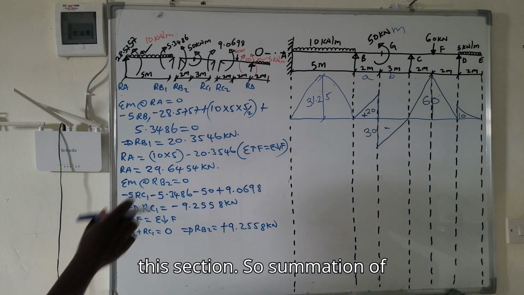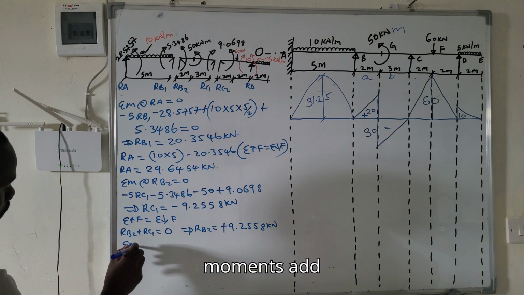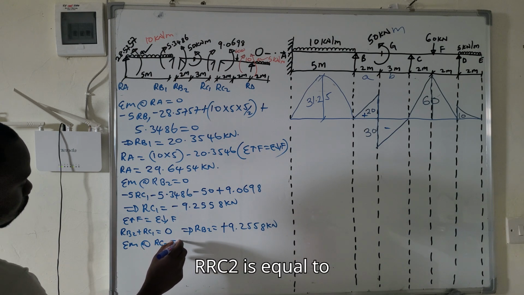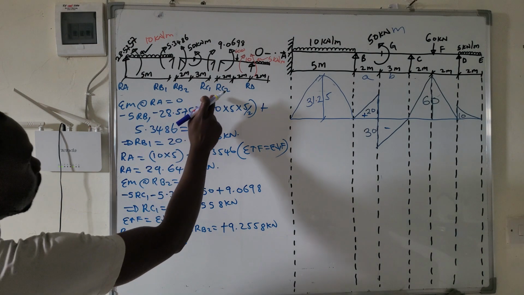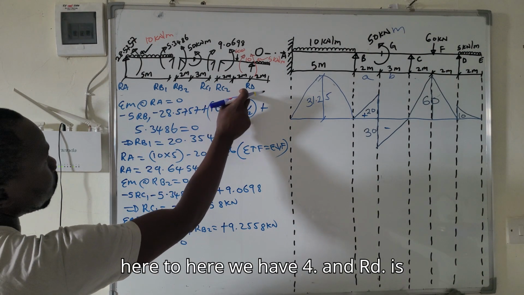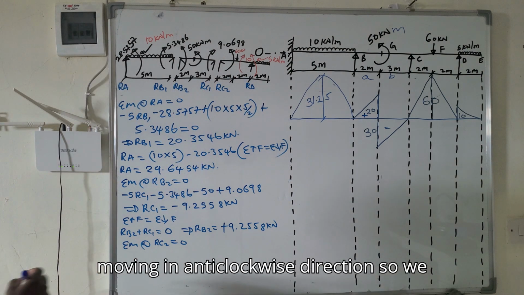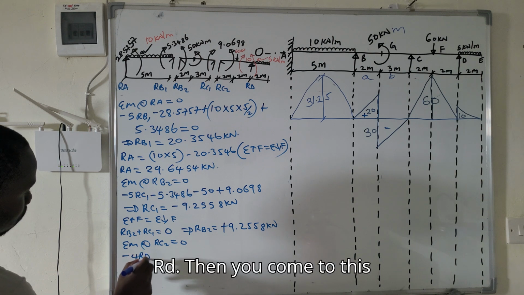So let's proceed to this section. Summation of moments at RC2 is equal to 0. From here to here, we have 4, and RD is moving in anticlockwise direction, so we have minus 4 RD.